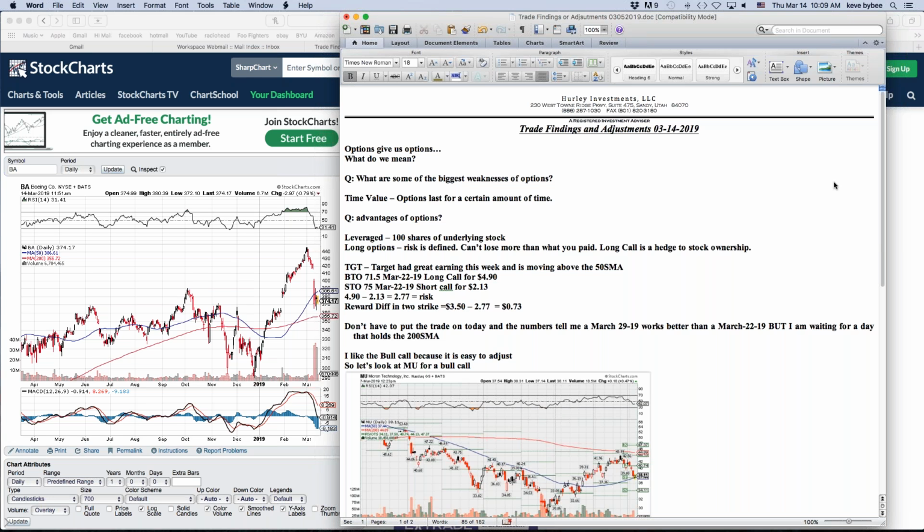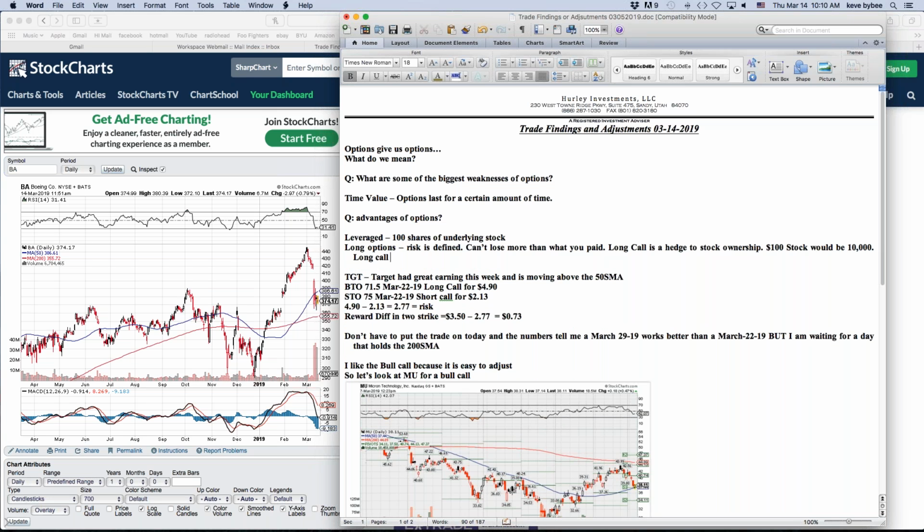Meaning, I don't have to go out and buy 100 shares of stock, where a $100 stock would be $10,000. A long call would be much less, depending on how long, obviously.